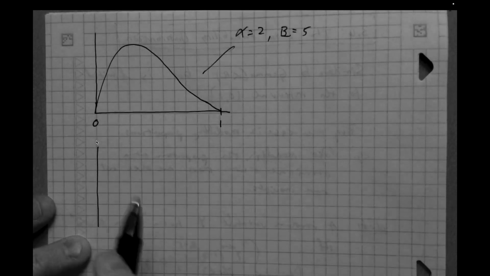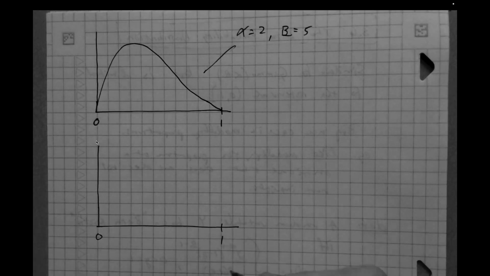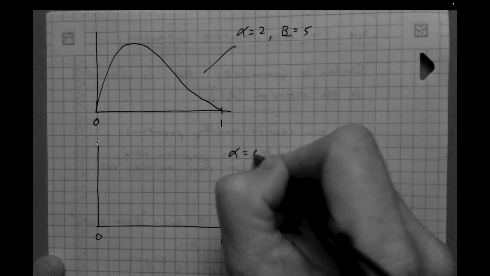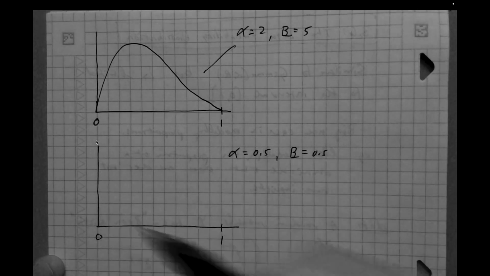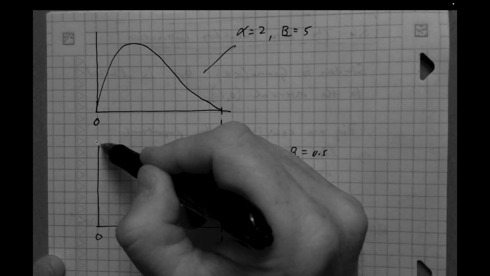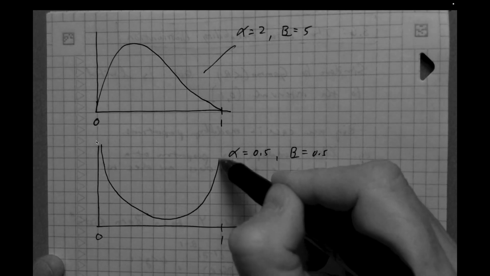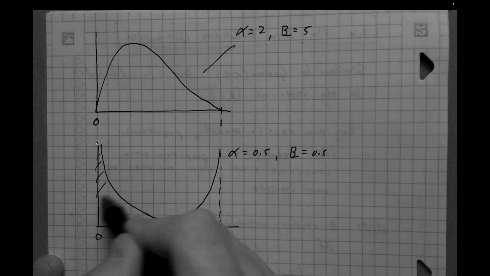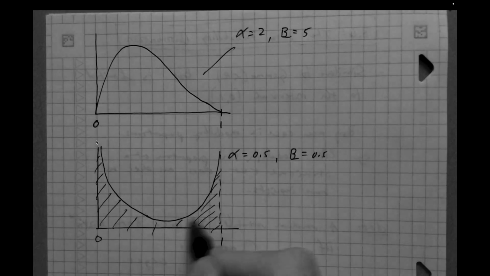What happens when I change them? Let's adjust them down, actually. Let's go with alpha equals 0.5 and beta equals 0.5. When you do that, you get something that looks like this. The density is all located on the edges.